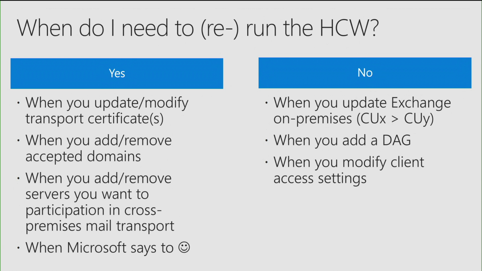Additionally, again related to the secure mail configuration, if you add or remove servers that are going to participate in that secure mail flow process on the on-premises side of your organization, that's another case where rerunning the HCW is important. And then this last case that we call out is when Microsoft says to. There certainly are features, new functionality that we add into Exchange Online that lights up with a hybrid configuration.